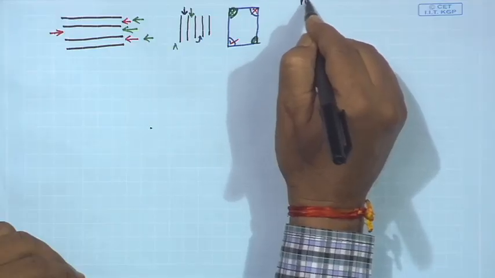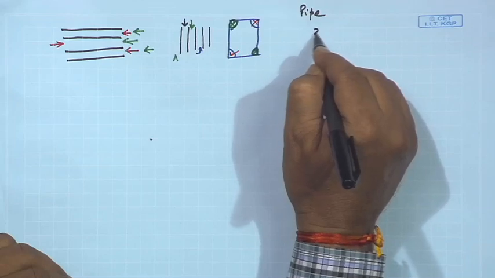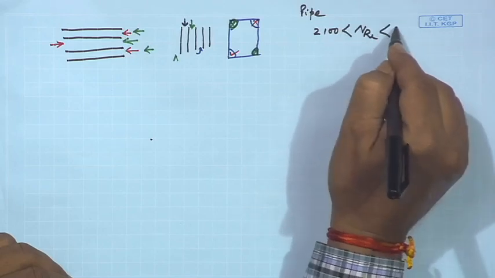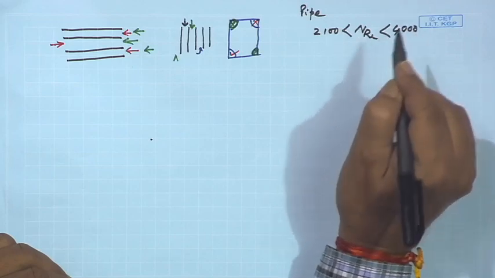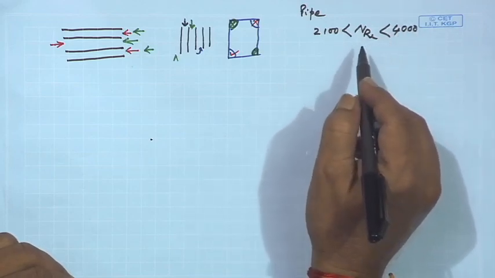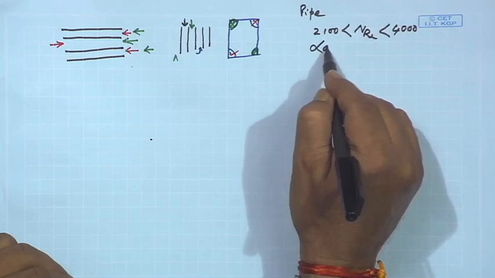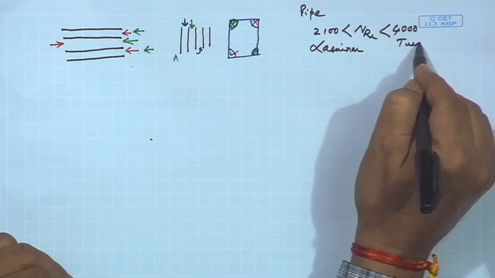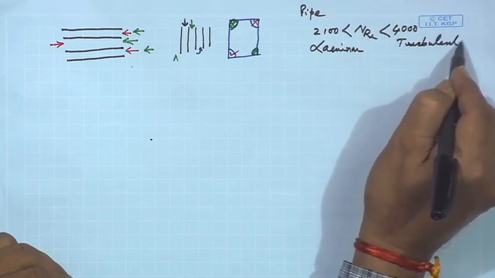We know that for flow through pipe, the Reynolds number NRE less than 2100 is laminar, and beyond roughly 4000 it is turbulent, right.